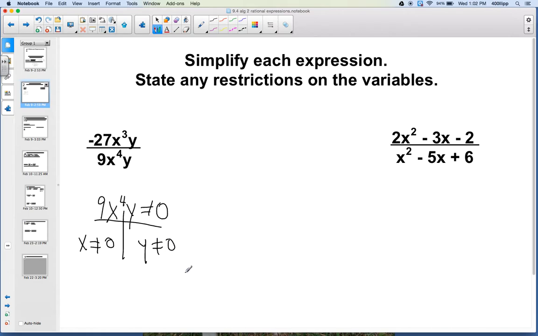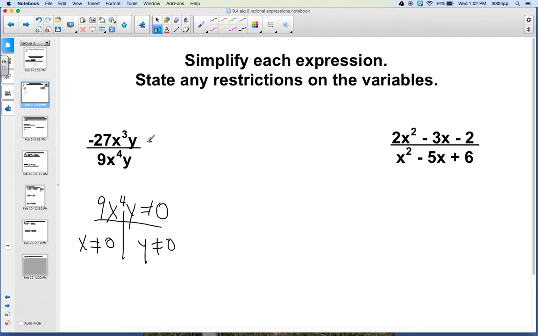You can look at this logically: if x is 0 and I plug it in here, it will make my entire denominator 0, right? 9 times 0 times anything will be 0. If your y is 0, 0 times anything is 0. That's why x cannot be 0 and y cannot be 0.